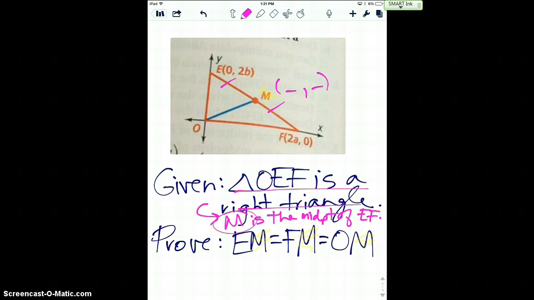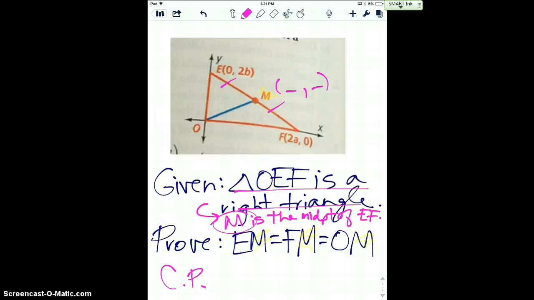Well, M is the midpoint. That was given. So in my coordinate proof, remember, coordinate proof, CP, it's all about using mathematics like we were in class with the coordinates to prove things. So by the midpoint formula, I can find M.